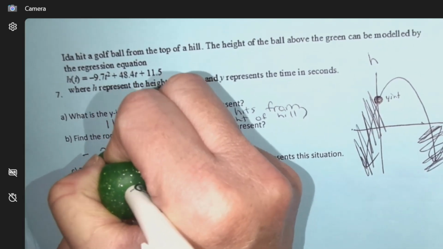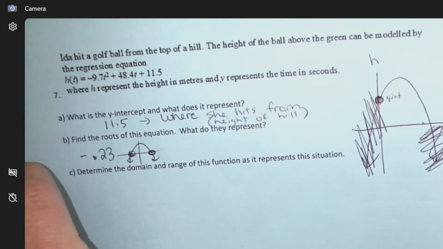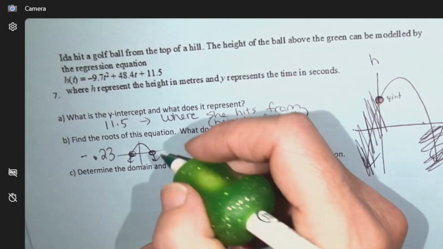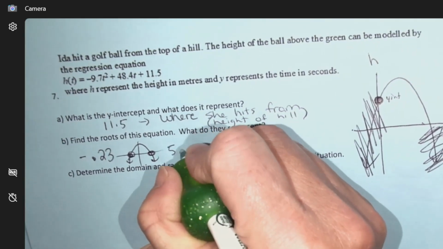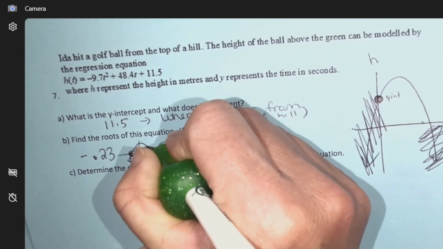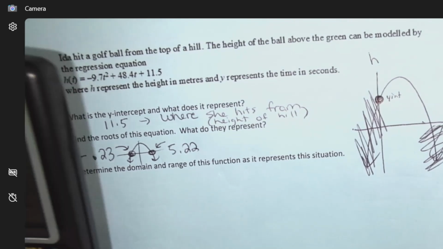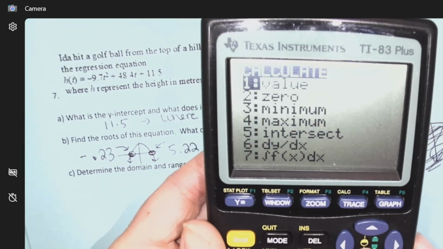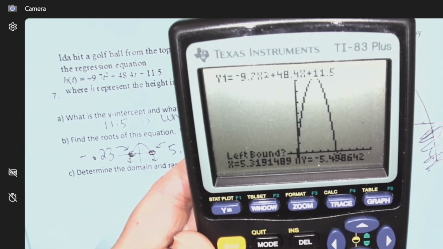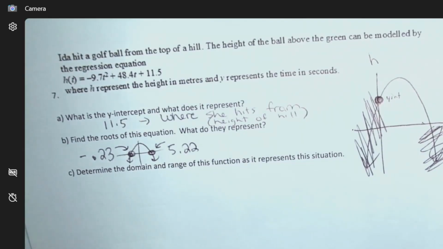Negative 0.23, and then this one is 5.22. Everybody knows what I'm doing? Calculate the zeros, right? Left, right. Okay, same process.